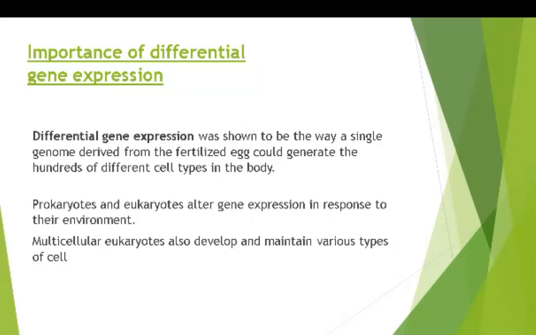As we all know, prokaryotic and eukaryotic organisms have cells, and cells contain genes, and gene expression is totally different from each other, and it also responds with respect to the environment.